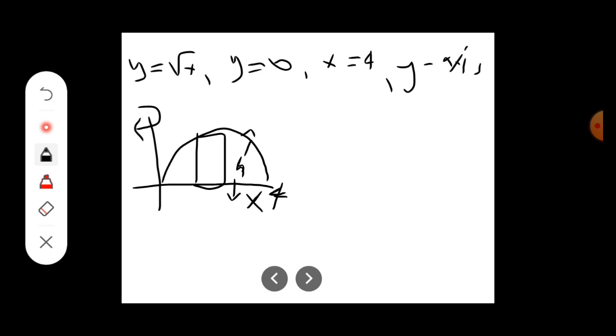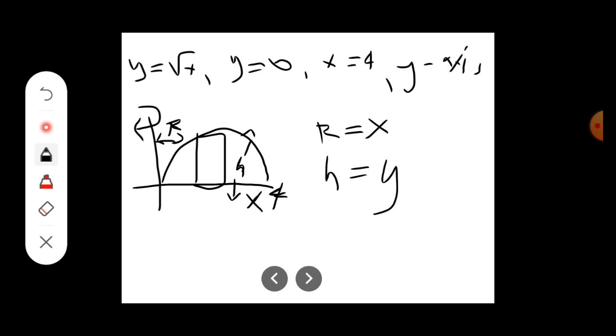And then the radius is here. Notice that the radius is the same as x, so we can say that r is equal to x. Then notice that the height is the same as y, so h is equal to y.